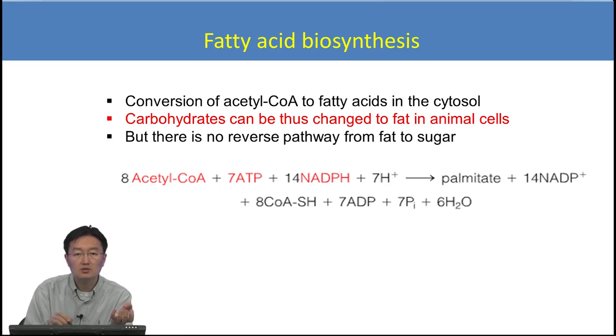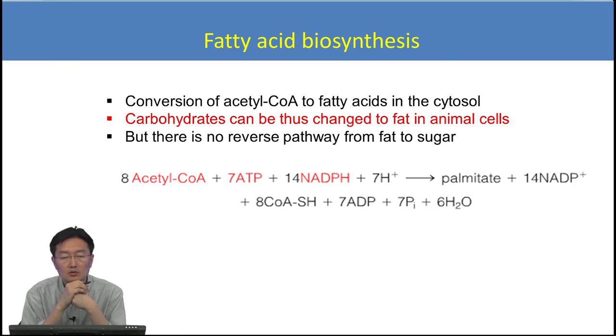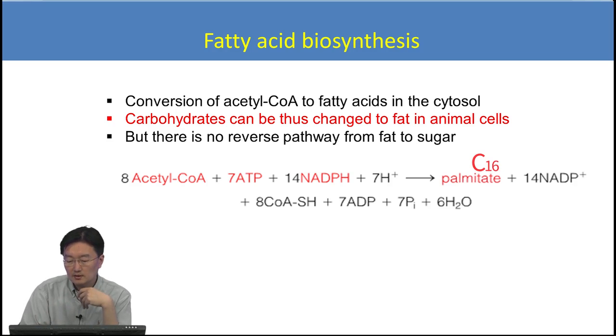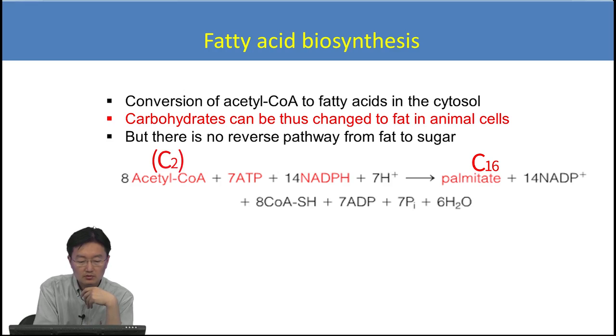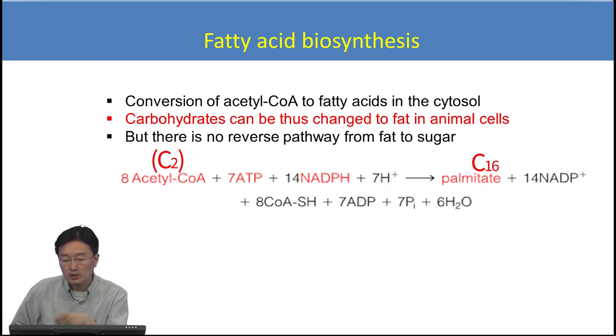NADPH provides electrons. A huge amount of reduced electron donors like NADPH is used. And palmitate is a 16-carbon compound; out of C2 acetyl-CoA, a total of 8 molecules should be used to make one high-energy palmitic acid.